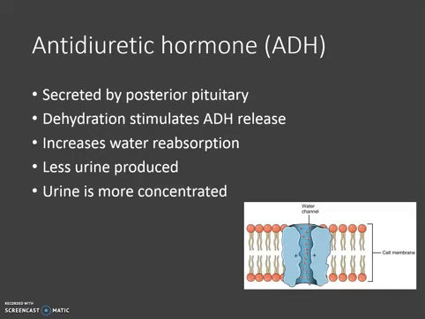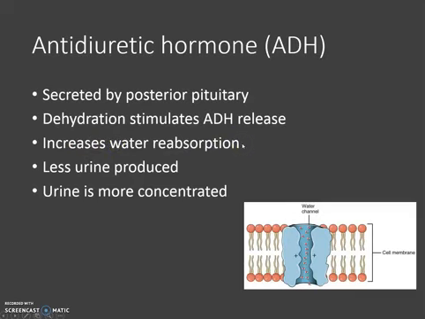So antidiuretic. A diuretic is something that makes you pee more and get rid of more water. So an antidiuretic is something that is going to make you reabsorb or keep more of that water in your blood. So when you're dehydrated, ADH is released, and ADH triggers the kidneys to reabsorb more water.